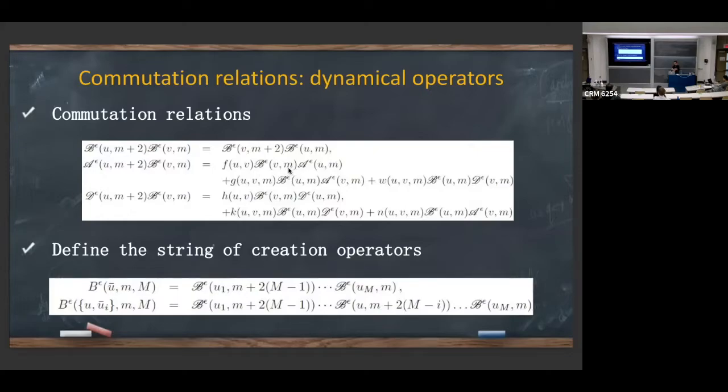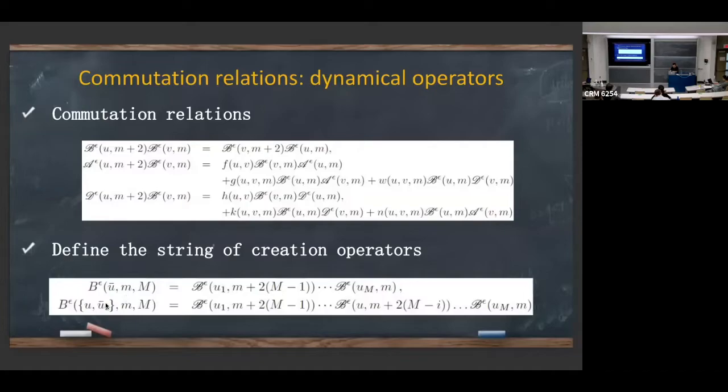As usual in Bethe ansatz, we define a string of B operators. What I mean is that we define a product of B operators that depends on the Bethe roots. We use this notation U bar to mean U1 up to UM. There is a very specific shift here in these M parameters that is very important, such that all these relations close.